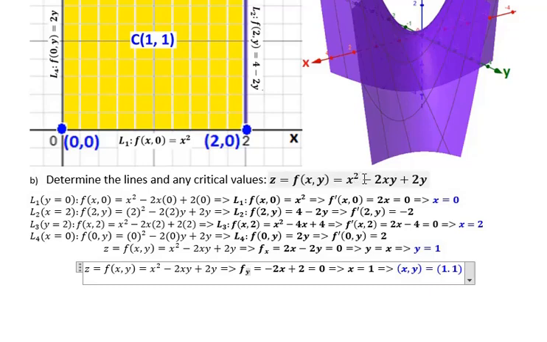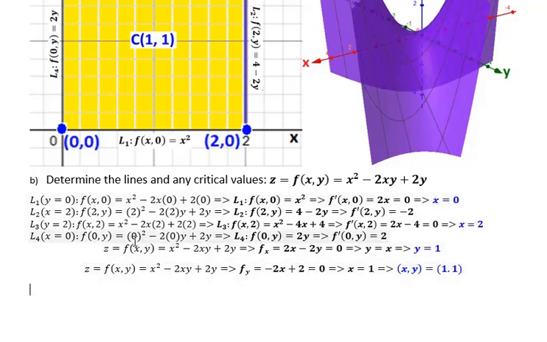Now x is constant, so the derivative of x squared is 0, and we get minus 2x plus 2. Set this equal to 0, which gives x equals 1. Since y equals x, y is also 1, so the critical value here is 1, 1. Now we have all the corner points and all the critical values.